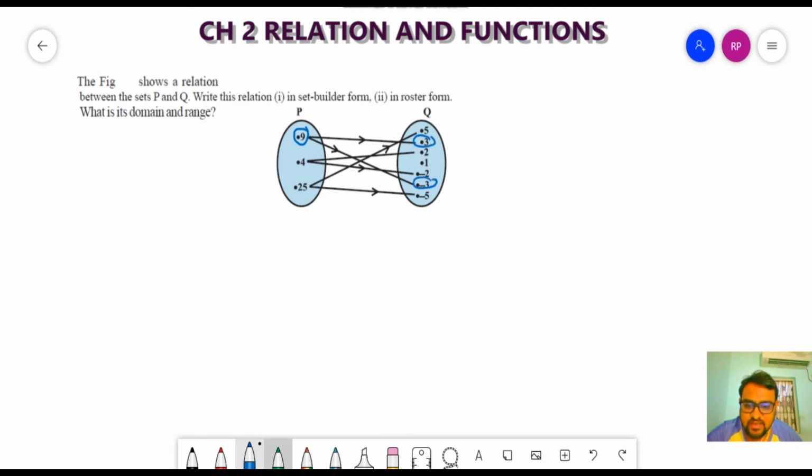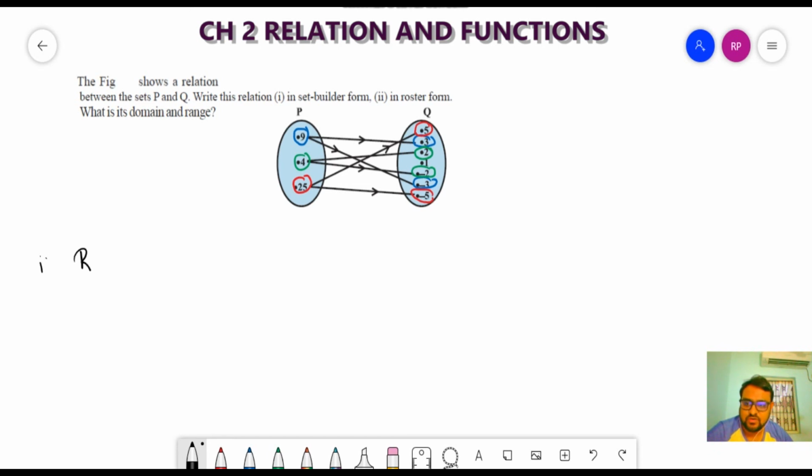Similarly, 4 is related to plus 2, minus 2. And 25 is related to plus 5, minus 5. So these are nothing but the square roots. The square of plus 3 and minus 3 is 9, right?